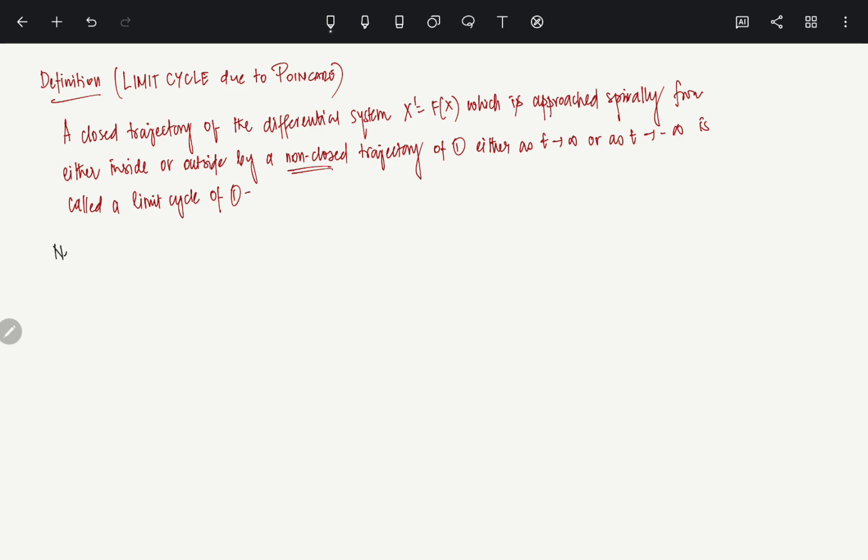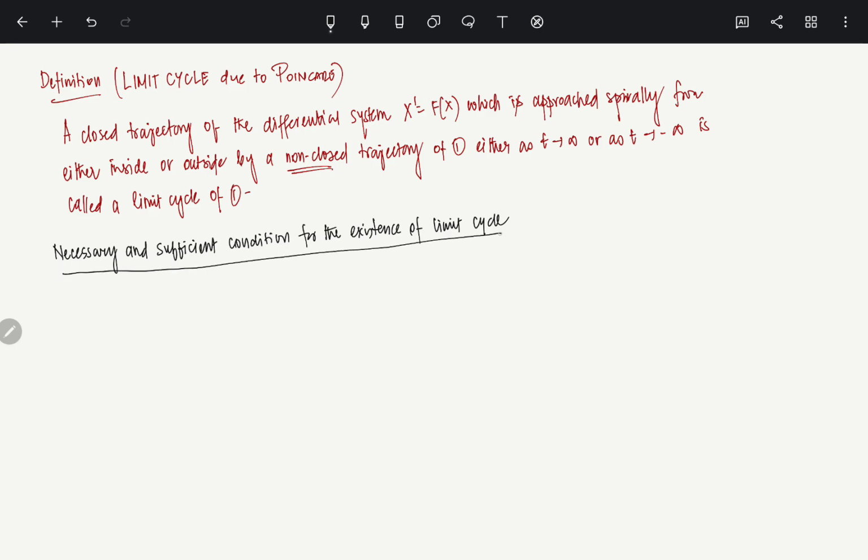This is basically a necessary and sufficient condition for the existence of limit cycle. Now I want you to emphasize one thing.